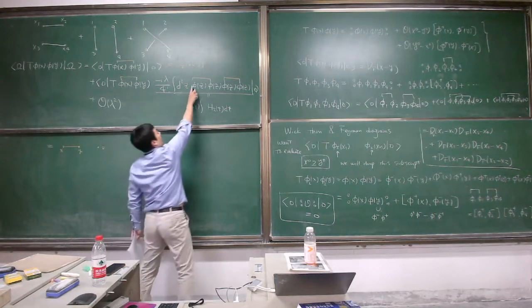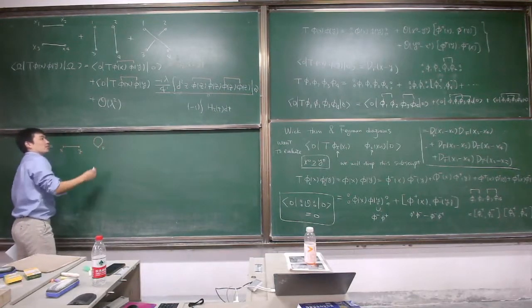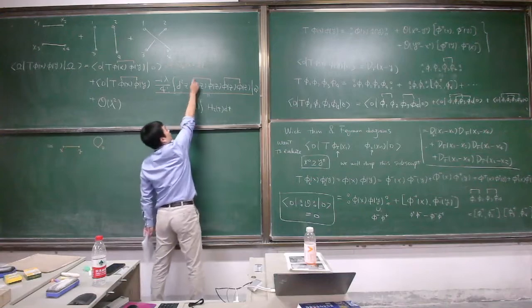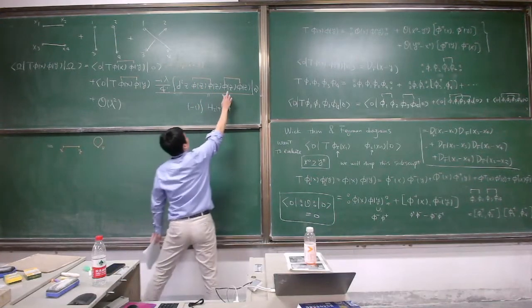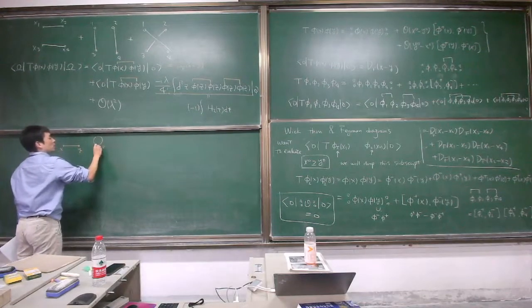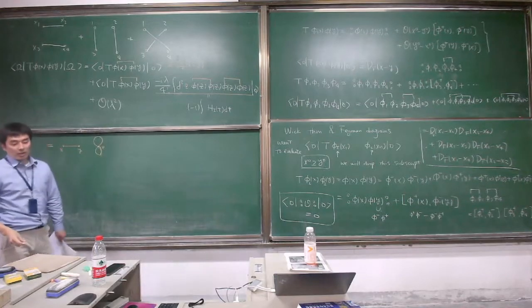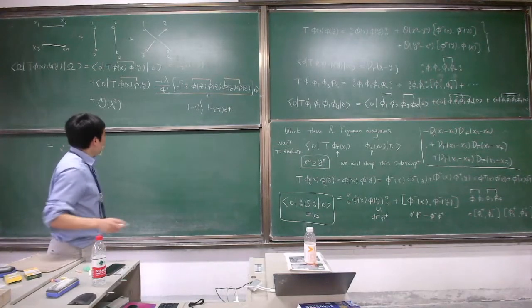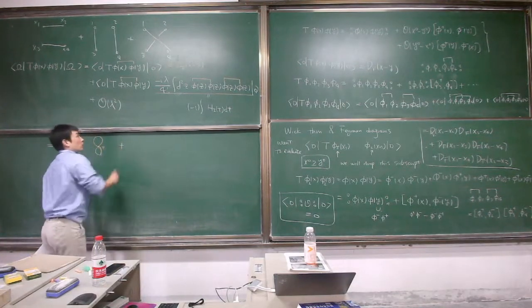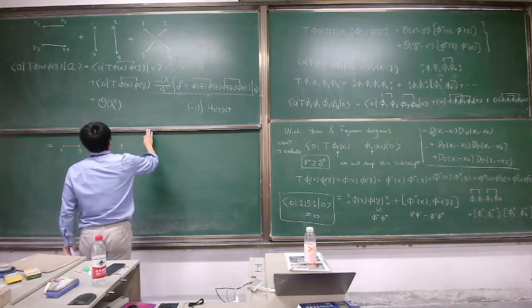And the z contracts with itself. So one of the contractions will give you this loop, and the other contraction will give you another loop. Okay? z to z. So this is a kind of boring contraction. The next one is a much more interesting one. Okay, so I will use blue.